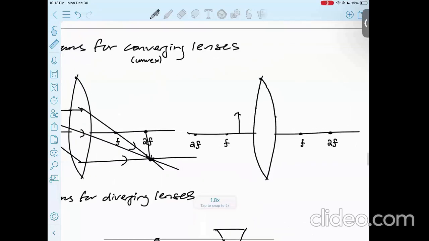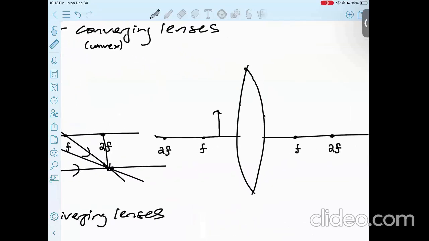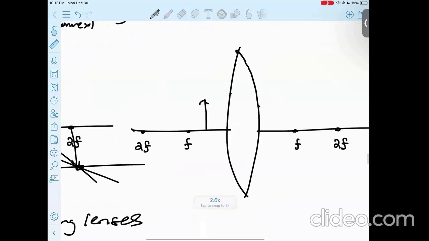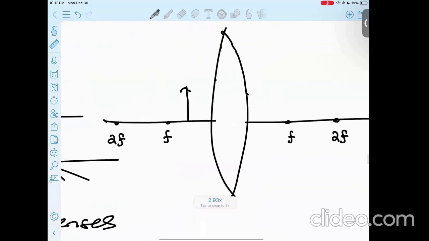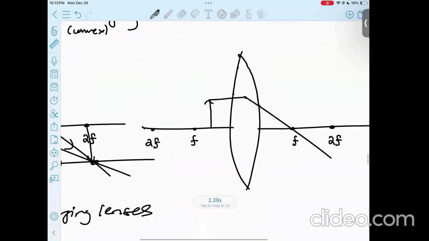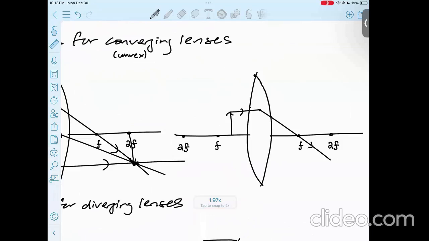Now, same game, except this time we're going to move the arrow, the object, inside the focal length. So how does this one work? Well, nothing changes. Parallel, send it in parallel. It comes out where? Comes out through the focal point. Send the next one in through the focal point.